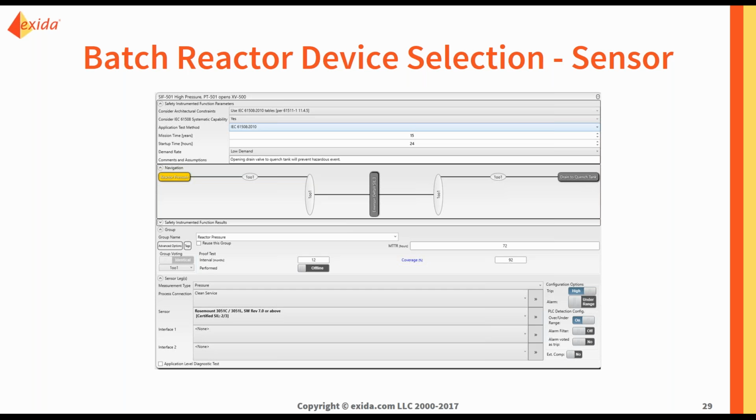So now we can start modeling our SIF. We want to start with the sensor. In this case, that is our PT501. You might see here we have specified a specific model number manufacturer sensor. This is from our Safety Equipment Reliability Handbook, full of failure rate data for devices in the industry.